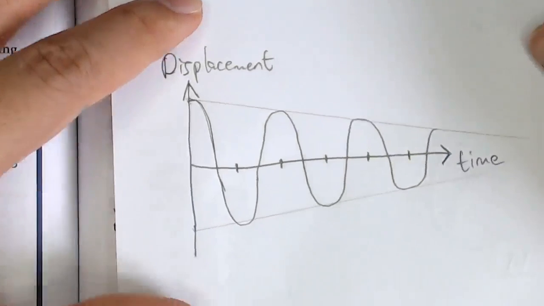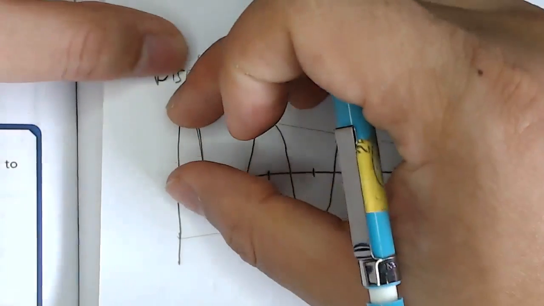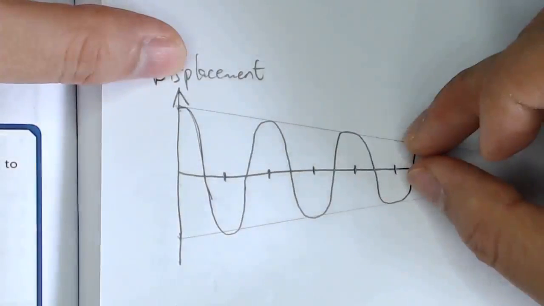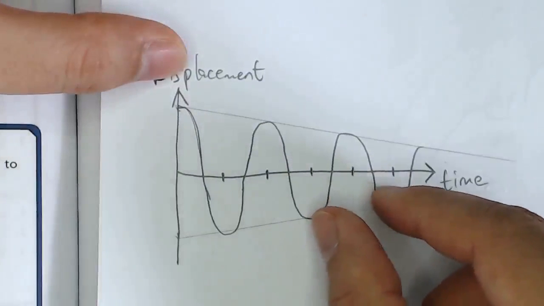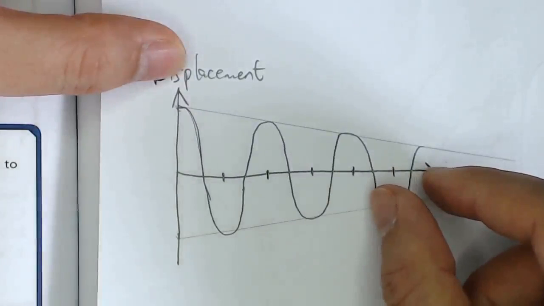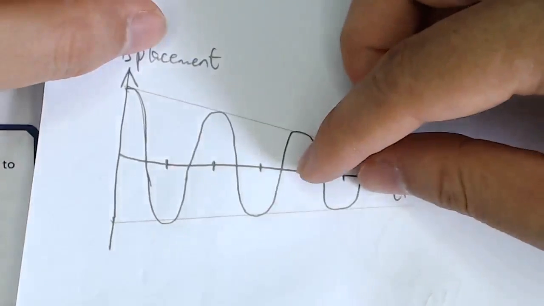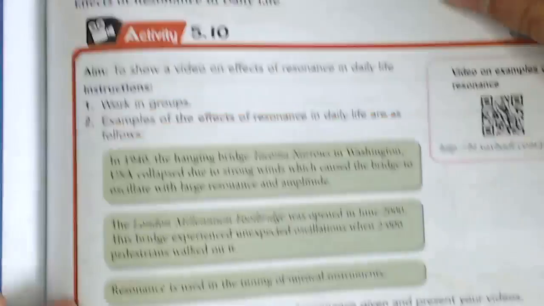See, this is when you show the amplitude decrease, while the time taken remains the same. It doesn't affect the time to oscillate, which means it doesn't affect the frequency. The frequency remains the same. That's how to answer question number 2.